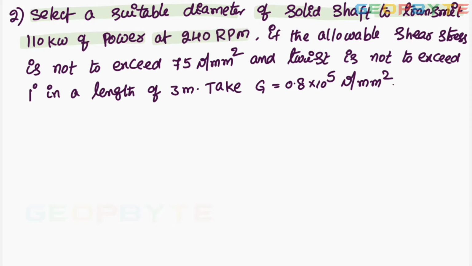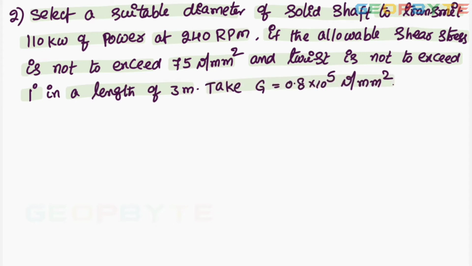Power transmitted by the shaft is 110 kilowatts at 240 revolutions per minute. If the allowable shear stress is not to exceed 75 Newton per mm square and twist is not to exceed 1 degree in a length of 3 meters.